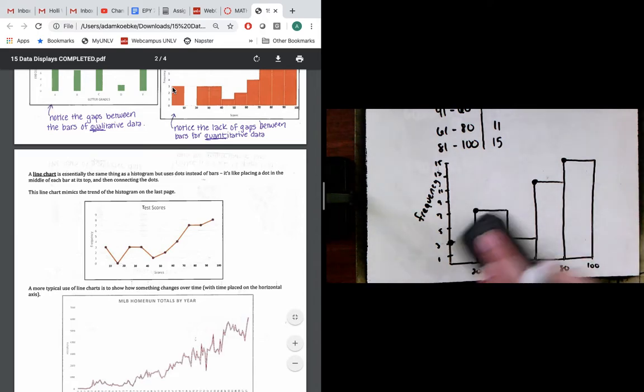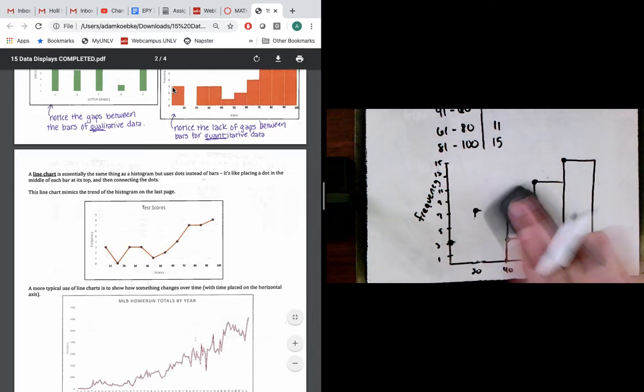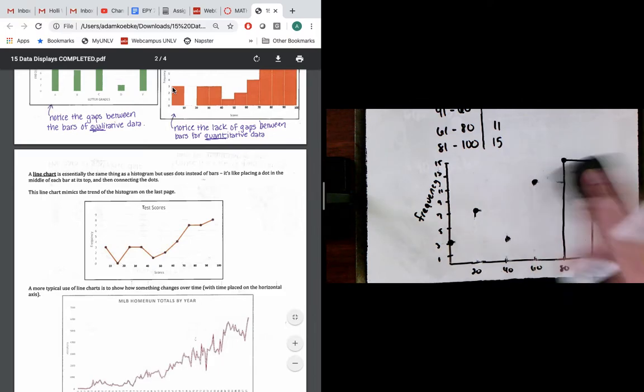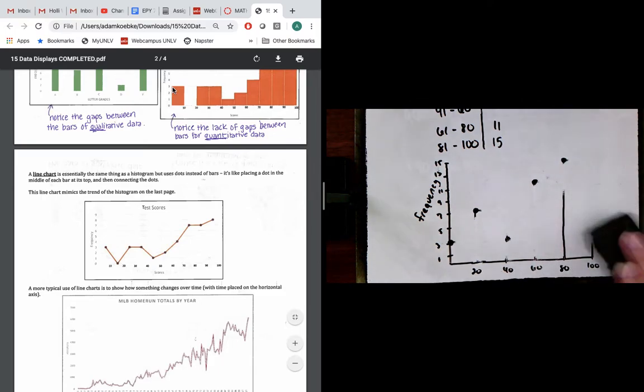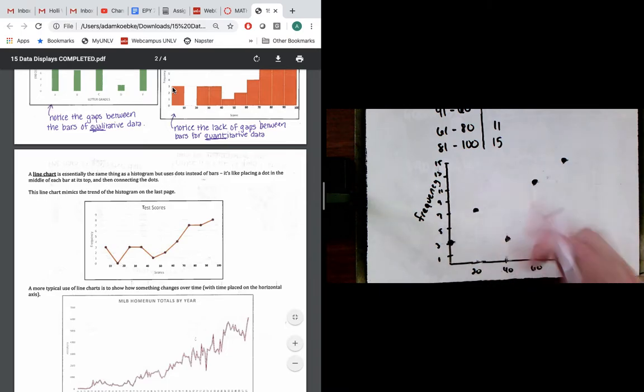I'm going to get rid of my bars. And now I'm going to take these dots here and just connect them all with each other.